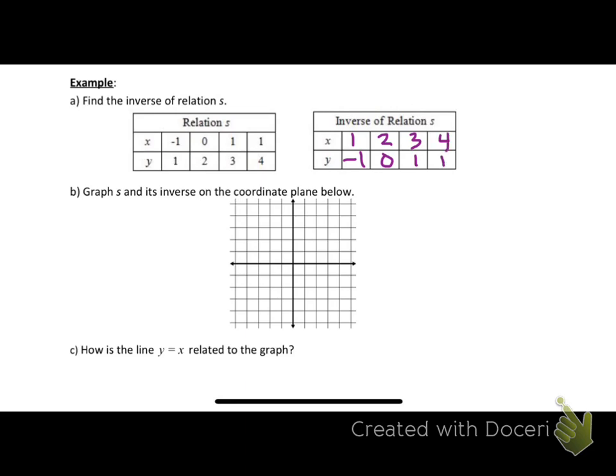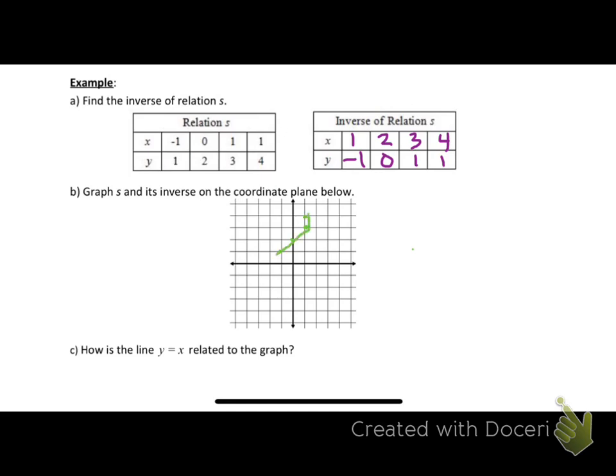And now it's asking you to graph these points. I'm going to graph my first one in green. It's the original one. I have a point -1, 1. I have 0, 2, 1, 3, and 1, 4.